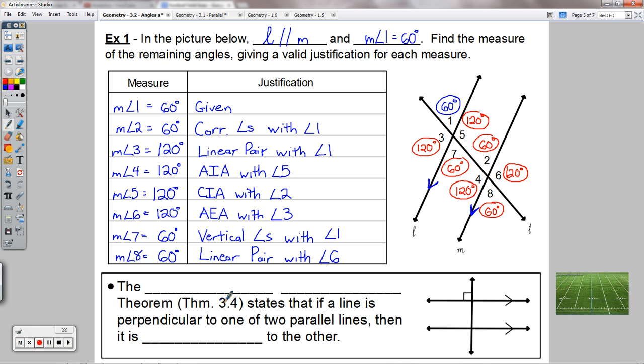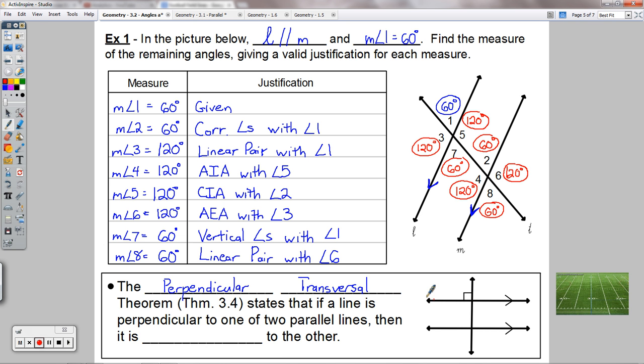And then this other theorem, the final theorem that we have in this lesson, theorem 3.4, is the perpendicular transversal theorem. And it's really the corresponding angles postulate in disguise, because you have parallel lines here.